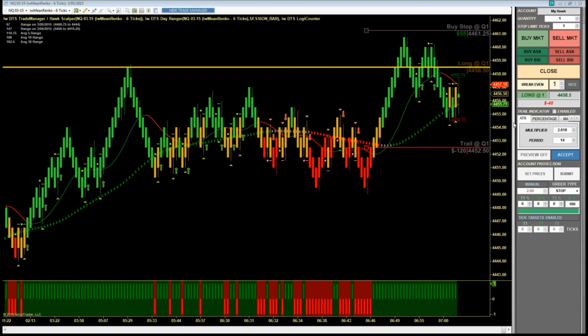All right, let's park that for a moment. Let's see here. Okay, we've got our macro pullback signal. Not really, because we've got a couple of yellow bars mixed in here, but the concept is the same.